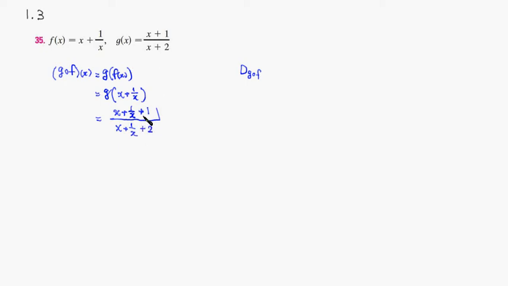You can probably leave it like that, but to make it look a little bit better, I'll multiply everything top and bottom by x so that I don't see a fraction inside a fraction.